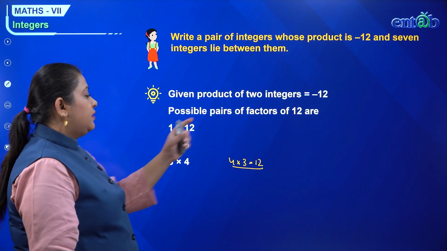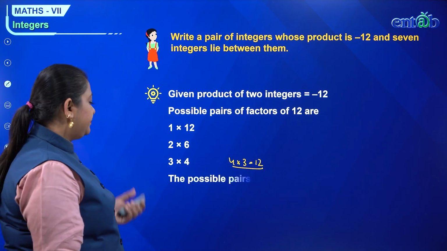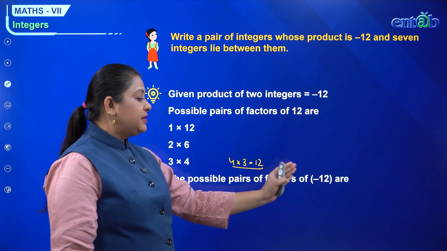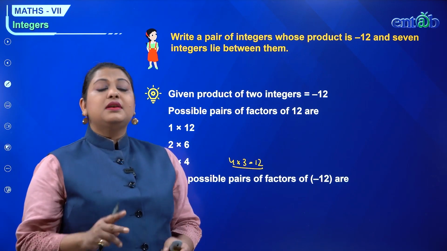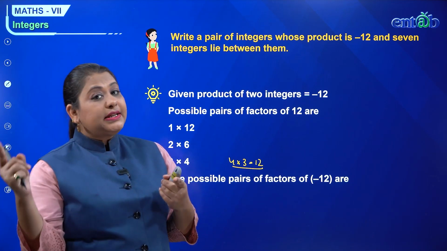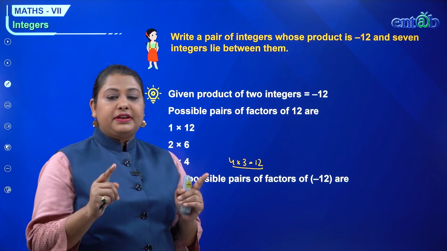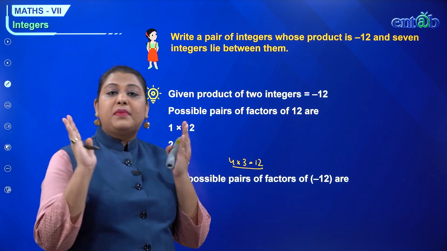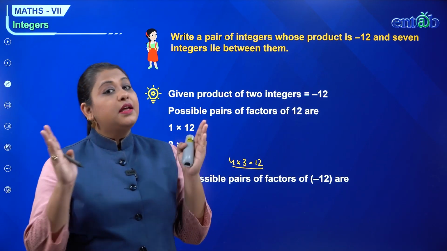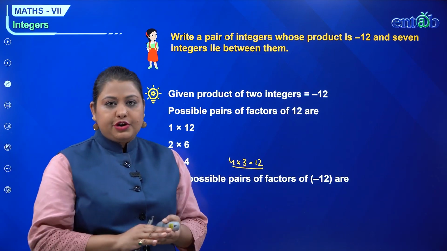Now let's see how it can fit to minus 12. So the possible pairs of factors of minus 12 are, now when we multiply two integers and we need a negative answer, then either of them should be a negative integer. That is, one is positive and one is negative, because when you are multiplying a positive integer and a negative integer, the product is a negative integer.